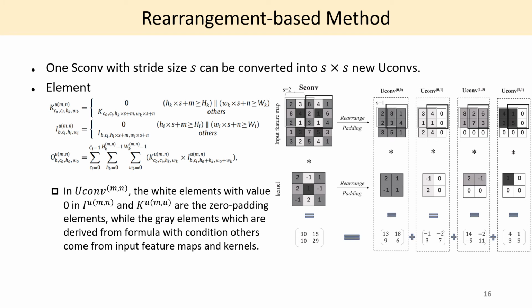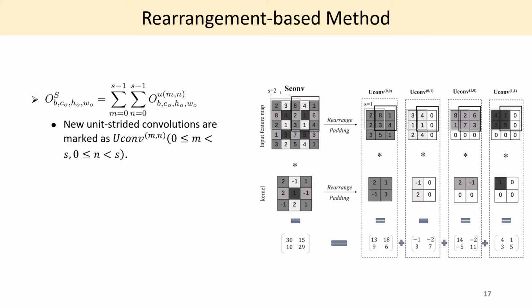In unit stride convolution, the white elements with value 0 in input feature maps and kernels are the 0 padding elements, while the gray elements, which are derived from the formula with condition others, come from input feature maps and kernels. And this formula represents the sum of multiple unit stride convolutions to get the strided convolution.